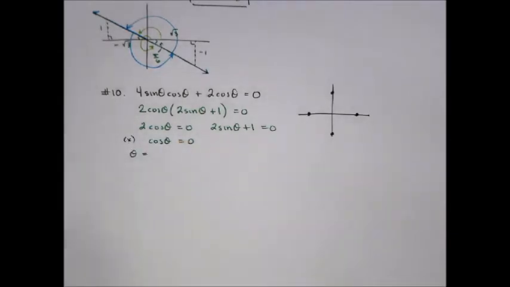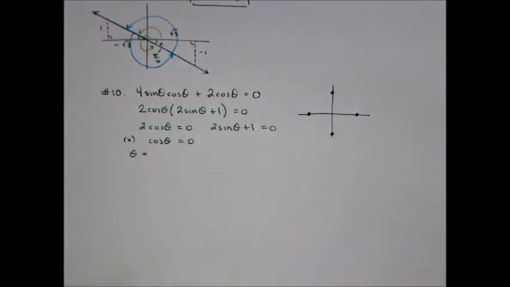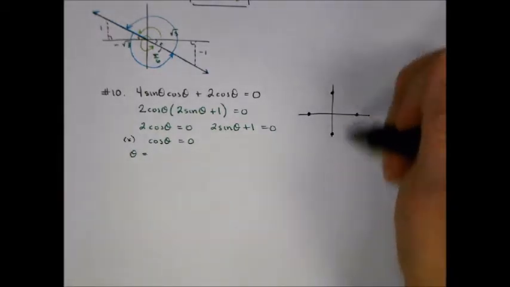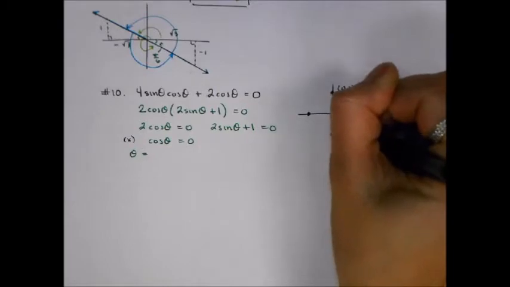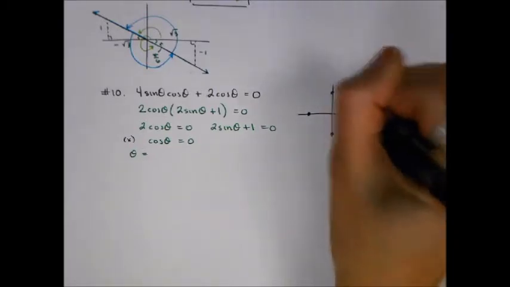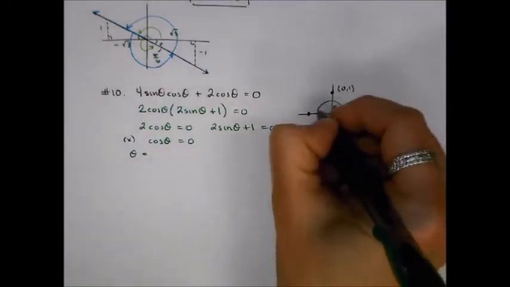So when is x 0? So x is 0 when you're on the y-axis. So this is the point 0, 1. This is the point 0, -1. So we're looking at these two angles here. So the angle pi over 2 and the angle 3 pi over 2.